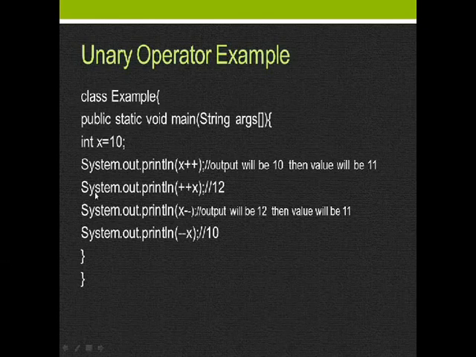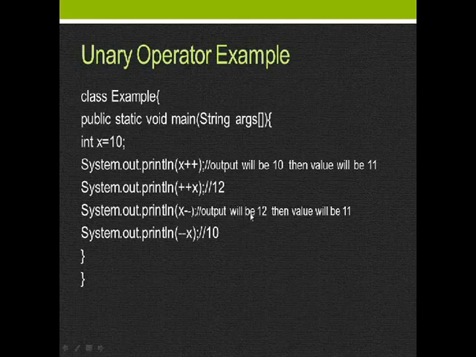Now let us see here. Here the output will be 12, as the value 11 is here, and before printing it is incremented by the ++ sign. Now let us consider x--, which is equivalent to x equals x minus 1, and it will decrease after printing the value of x.